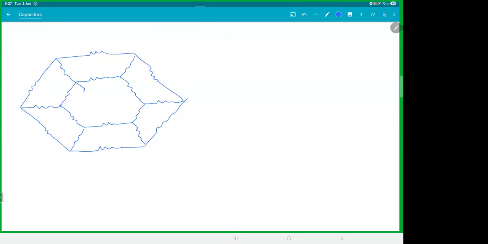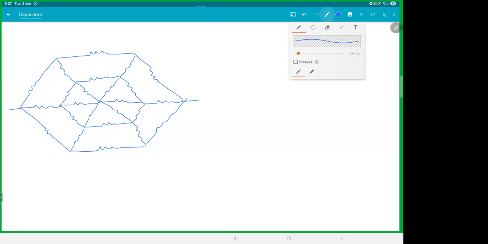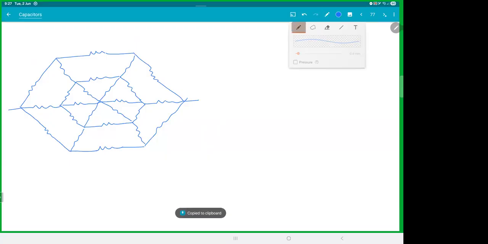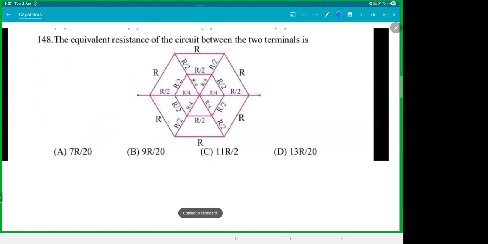Okay, there is one till the center also. Perfect. Let's copy this down first. Great. And what are the values? R by 2, and then R by 4.